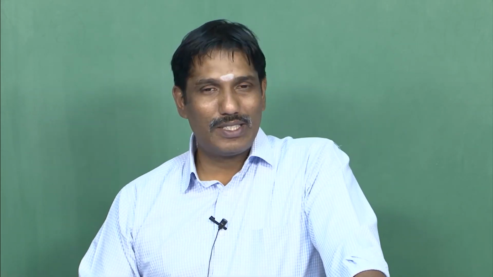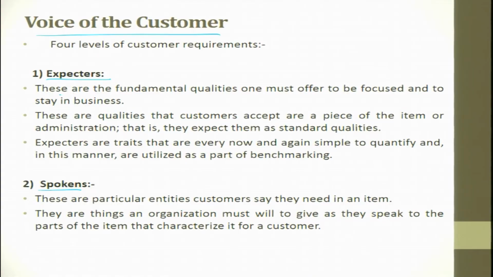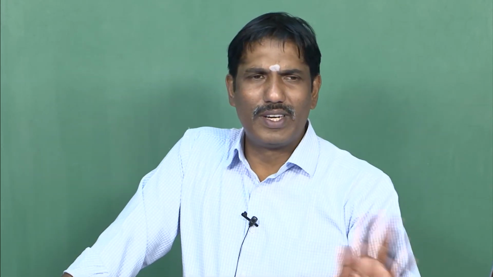It is not that in the 0 to 10 years you teach more or you teach less, but allow the children to enjoy and learn more. So these are the expectors, the fundamental qualities one must offer to stay in business. For example, I have a car, I expect the car to start at any point of time, even in cold winter days and heavy rainy days.